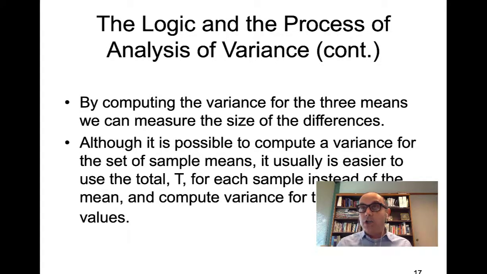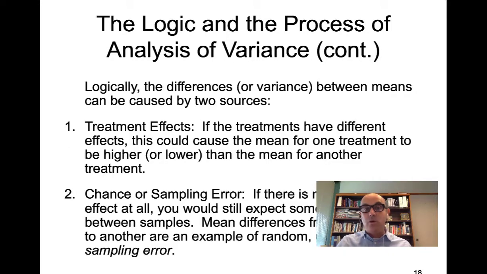Although it is possible to compute the variance for the set of sample means, it is, again, very important to note that it is usually easier to use the total T for each sample instead of the mean and to compute the variance for the set of T values.